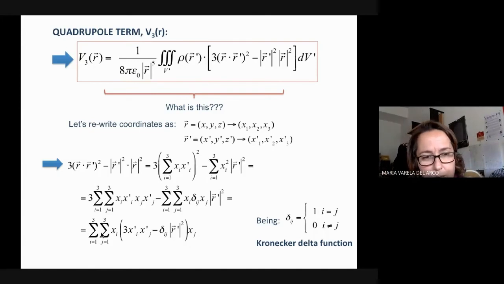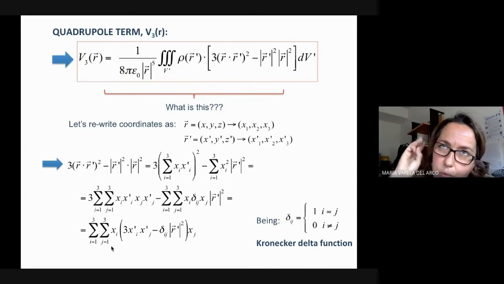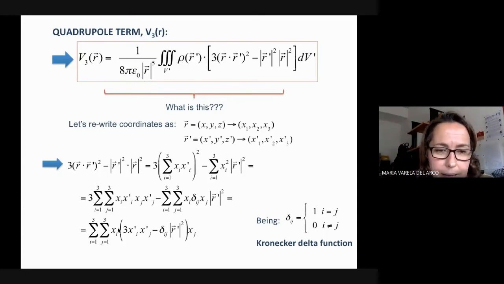I'm just going to make sure here that I'm summing over all possible combinations of subindices, so no big deal. In other words, this whole term in there can be rewritten for my x, y, and z components, where now x is x1, y is x2, z is x3, like this funny term.